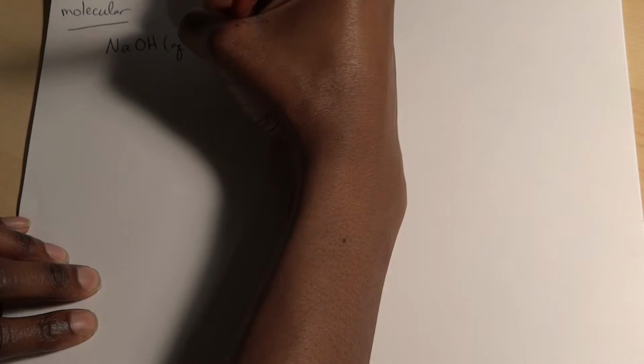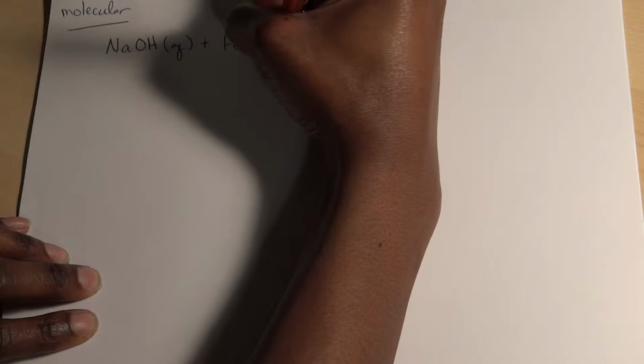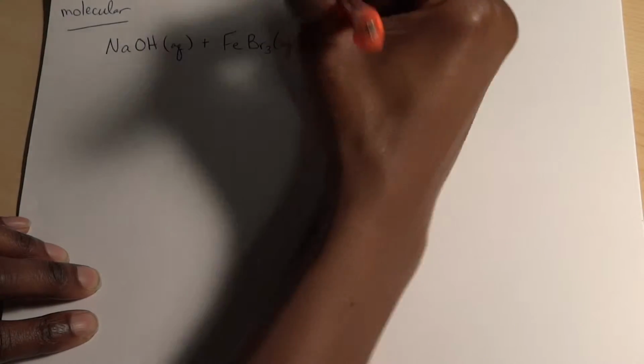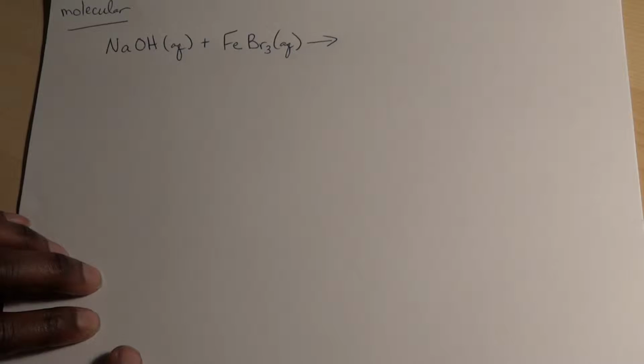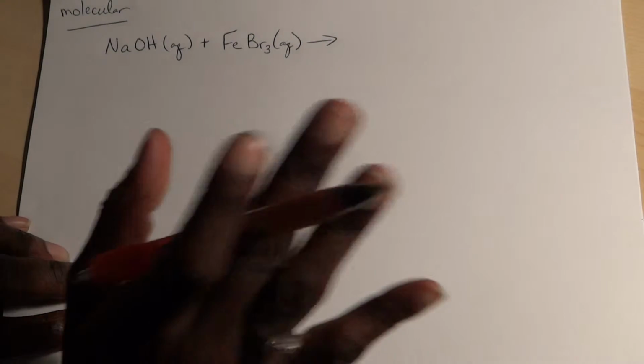We want to start off reacting together sodium hydroxide solution and iron 3 bromide solution. Again, remember, since it's double displacement, we want to switch their partners.